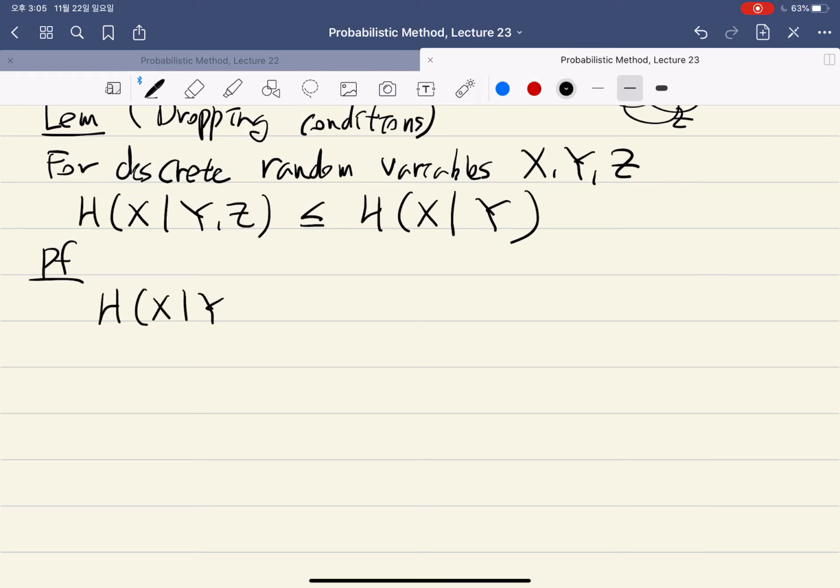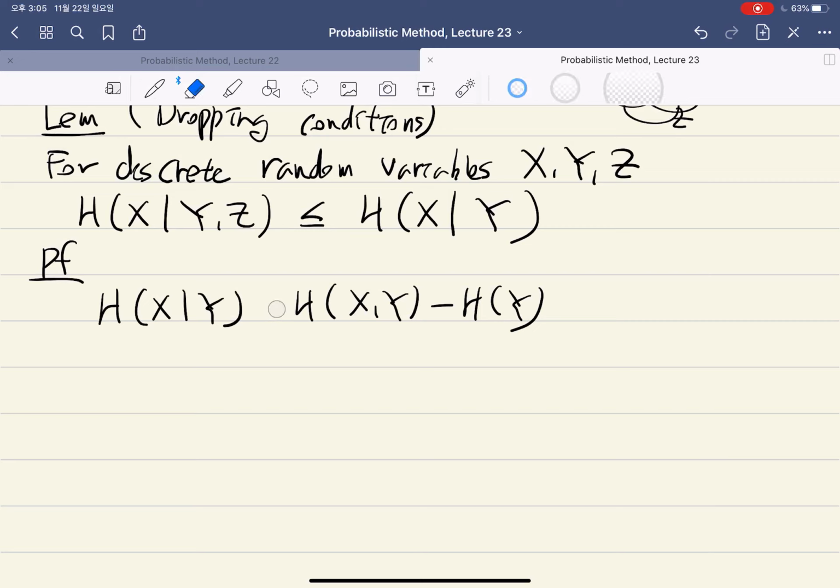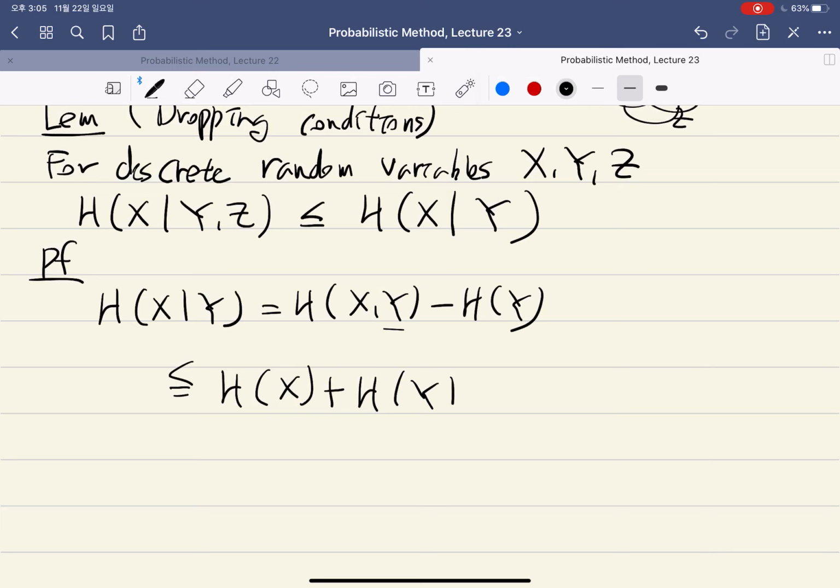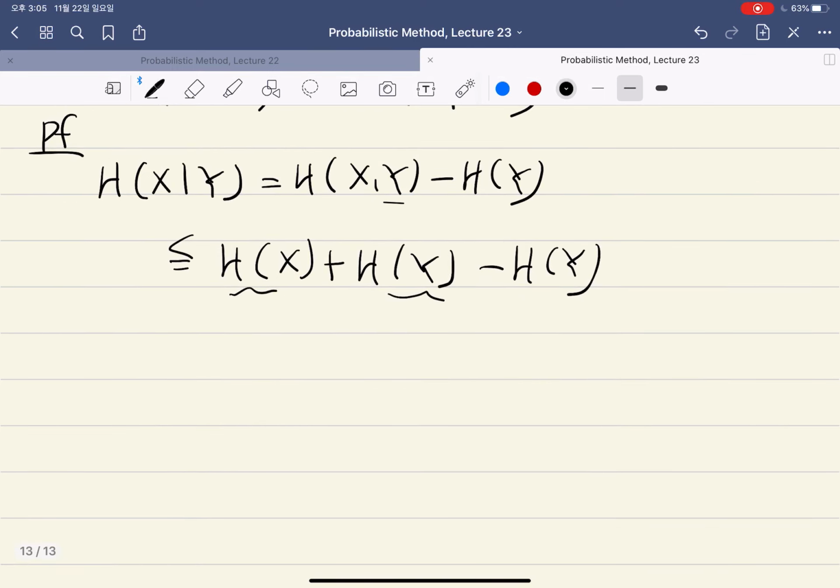As we already showed, the conditional entropy of x conditioning on y is the entropy of the joint information minus the entropy of y. And by the previous lemma, this joint information is at most the entropy of x plus the entropy of y, and this gives us the entropy of x.